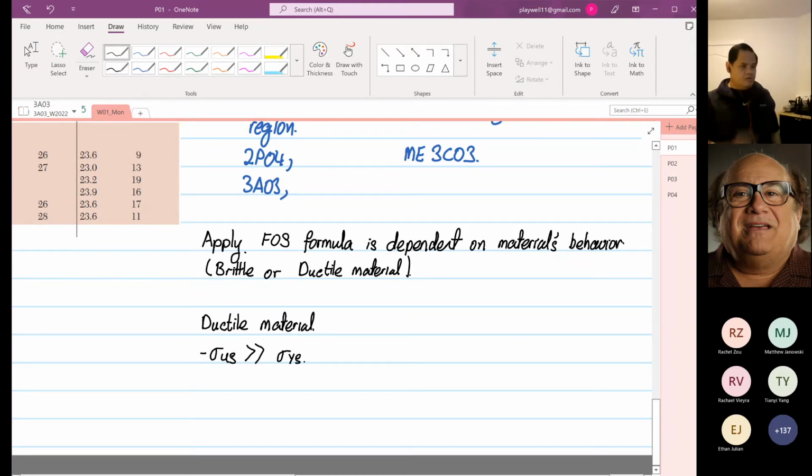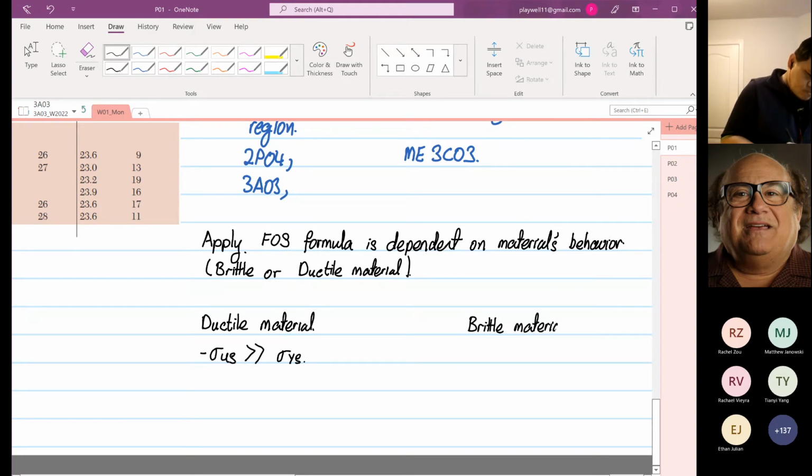Whereas for brittle material, the ultimate strength is approximately equal to the yield strength.